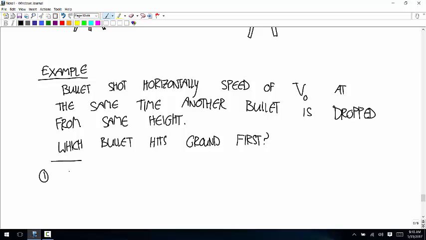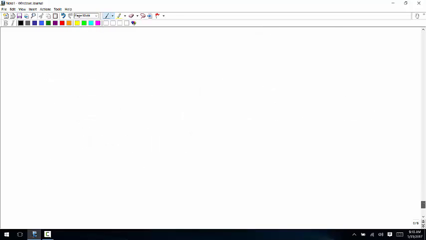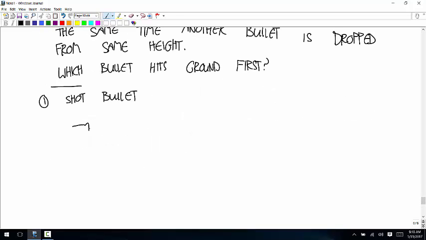First, I'll do the shot bullet. So here's the gun. It's going to be a revolver because that's all I know how to draw. It has to be shot horizontally. So there's its initial velocity vector with a magnitude of v0.